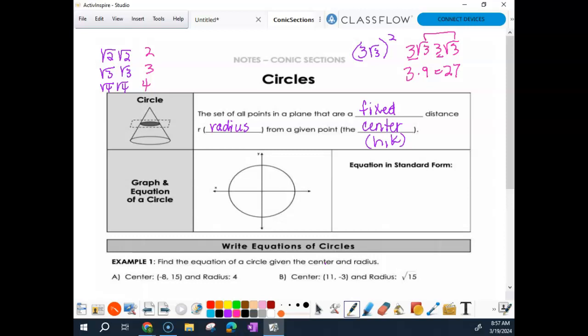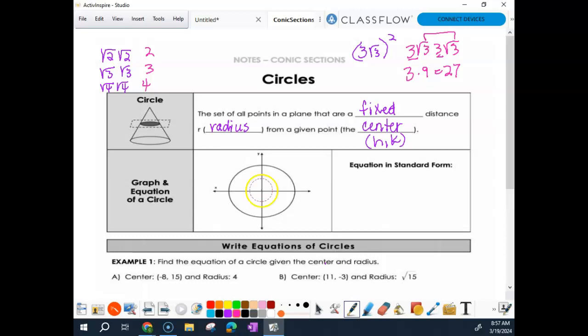Okay, so we talked about on my little puzzle that I get the circle by cutting perpendicular to the vertical axis in the cone. So the set of all points in a plane that are a fixed distance, which is the radius, from a given point to the center, that's a circle.